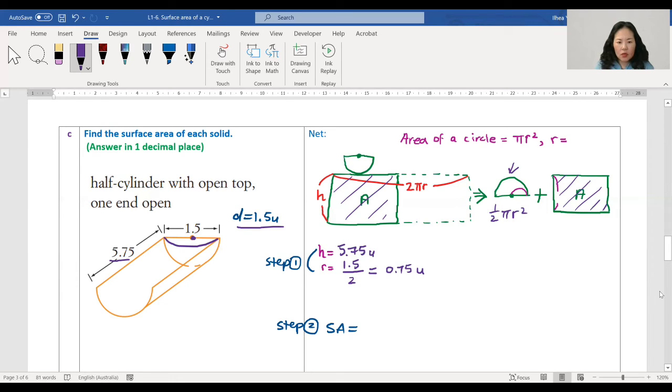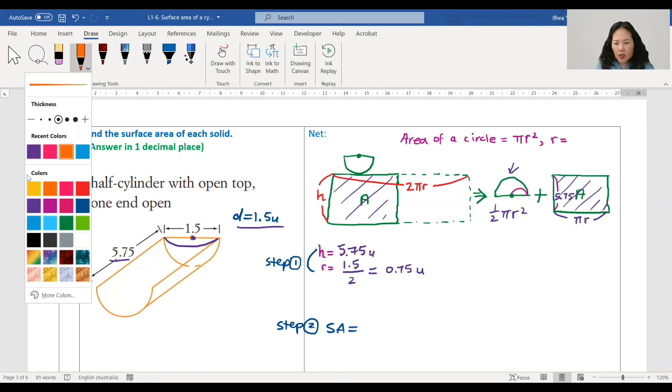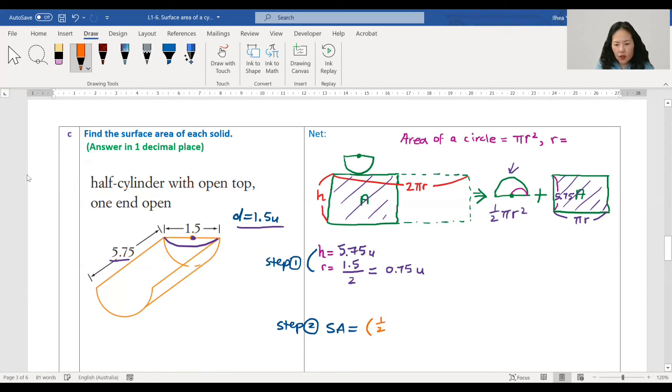Now height was 5.75 and the length is half of the 2 pi r. So it's going to be just pi r. That's my half circle. So half times pi times r squared, and r is 0.75 squared plus pi r h. Pi times r, which is 0.75, times h is the 5.75.